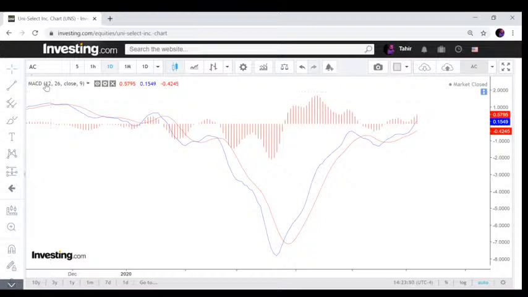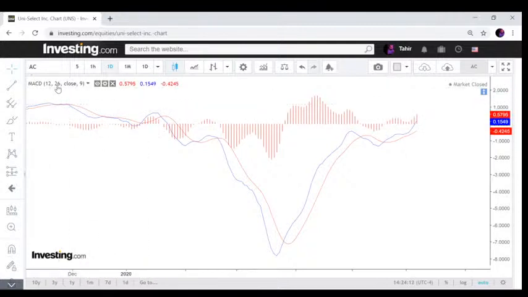One is 26 and the other one is 12. So we have considered the moving average of the 26th period and the moving average of the 12th period.